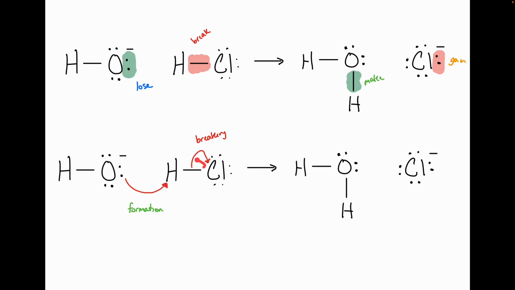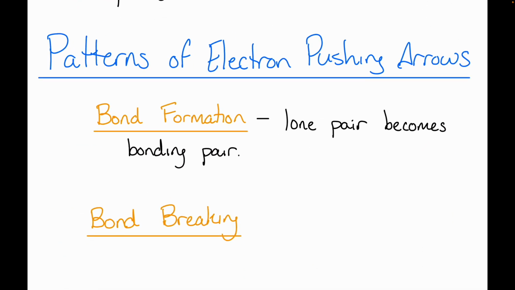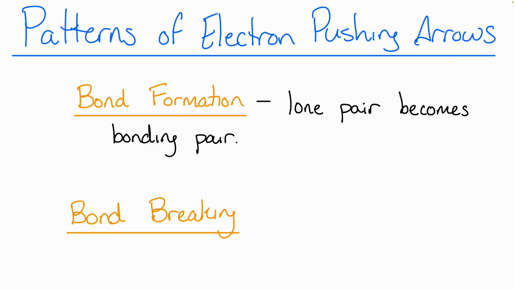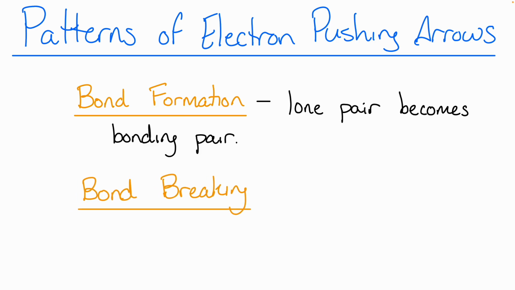Bond breaking arrows, a bonding pair is going to become a lone pair, all right? Again, exact opposite for bond breaking. Our bonding pair becomes a lone pair.